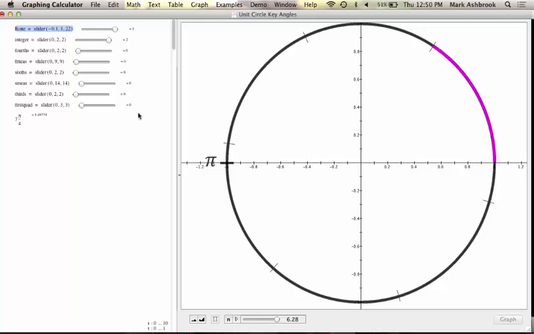Now, based on pi, we can cut up the circle into nice symmetric pieces and get some key angles, right? How many angle measures are there going around the circle? If I swept counterclockwise from the 3 o'clock position, how many angle measures could I define in the first rotation of the circle?